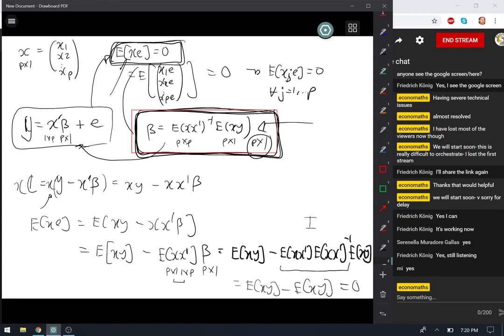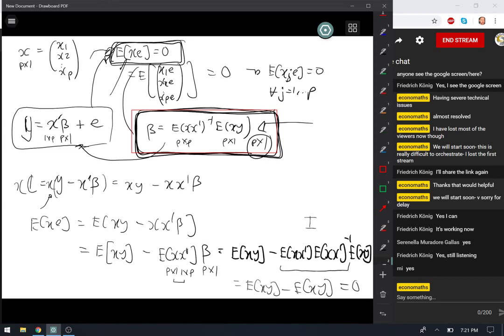The sample version is where you force the sample of this to hold. Instead of forcing the average in the whole population to be naught, you enforce it in the sample, and then you're going to get the sample equivalent of this population projection. So that's the linear projection at the population level, and you can do it equivalently for the sample, and we'll come and talk about the sample projection.